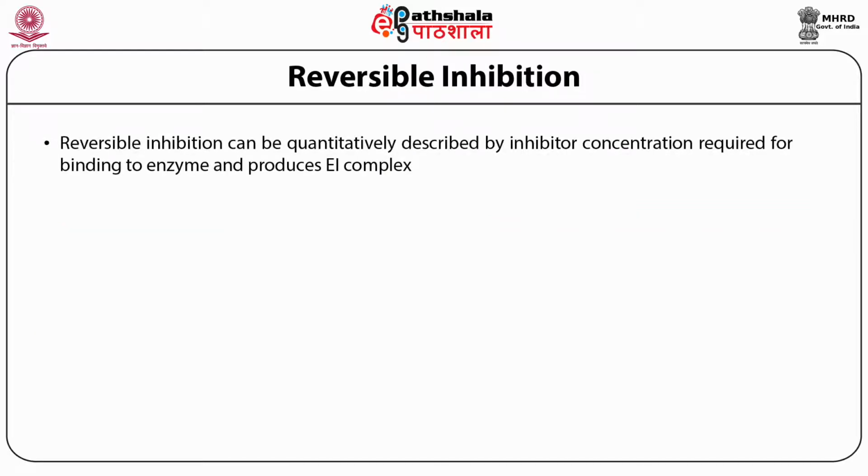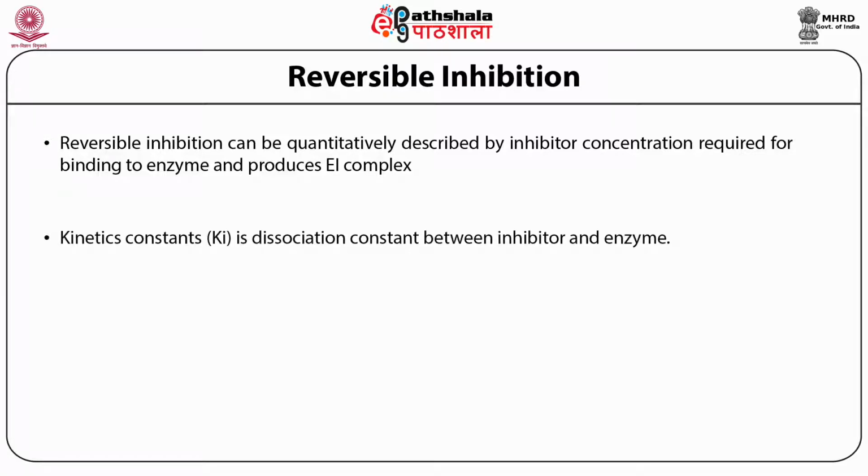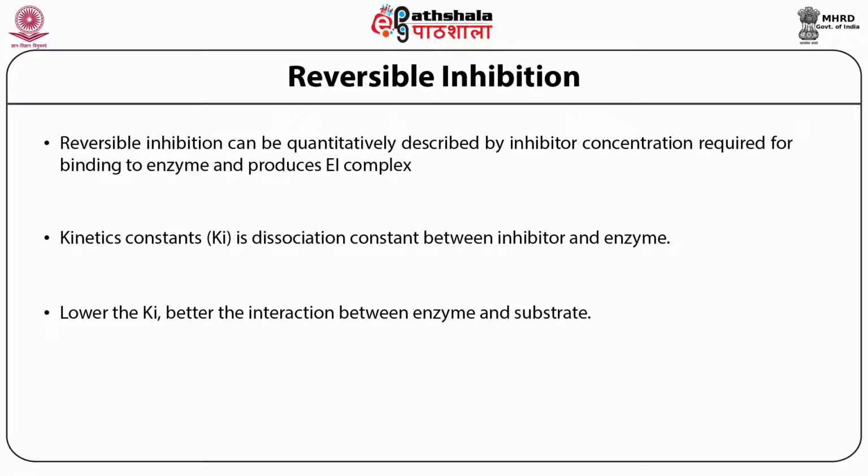Reversible inhibition can be quantitatively described by the inhibitor concentration required for binding to the enzyme and producing the enzyme-inhibitor complex, and that constant is known as Ki, or the dissociation constant for the inhibitor. Similar to Km, if the Ki is low, then a particular inhibitor has a better interaction between enzyme and inhibitor.